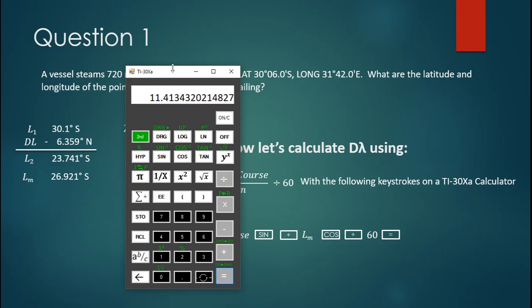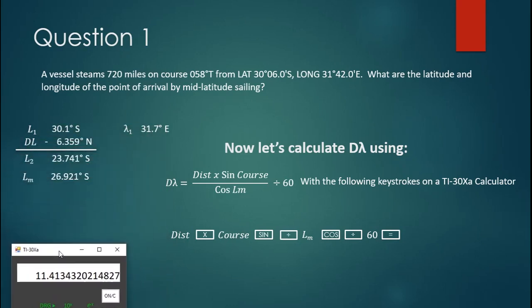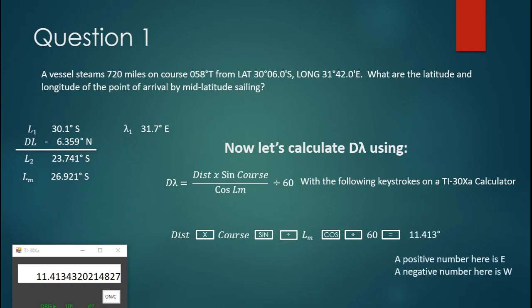11.413. And if you remember back in lesson 9A, a positive number for your DL is going to be east longitude and a negative number is going to be west longitude. Here we get a positive number. So it's going to be east longitude.